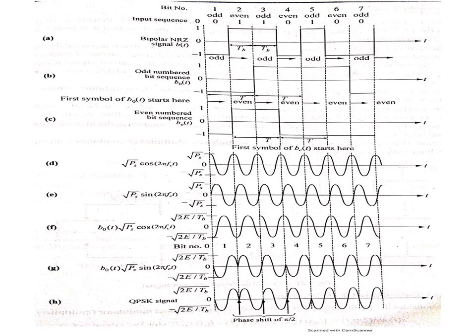Next, as we saw in the previous slide, the bit sequence is given to the bipolar NRZ level encoder, which provides the format of the given sequence: 0 is represented by -1 and 1 is represented by +1. That is the NRZ format of the given binary sequence.